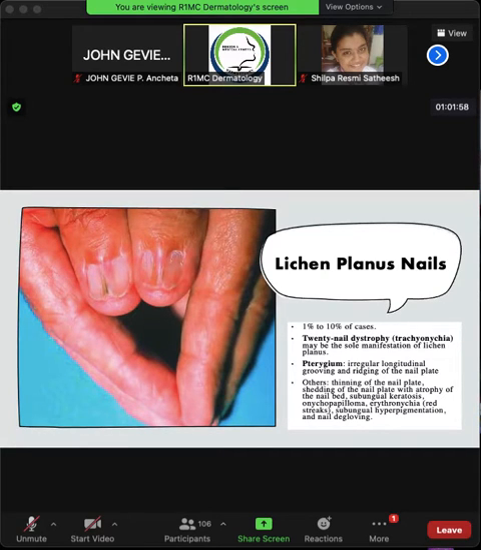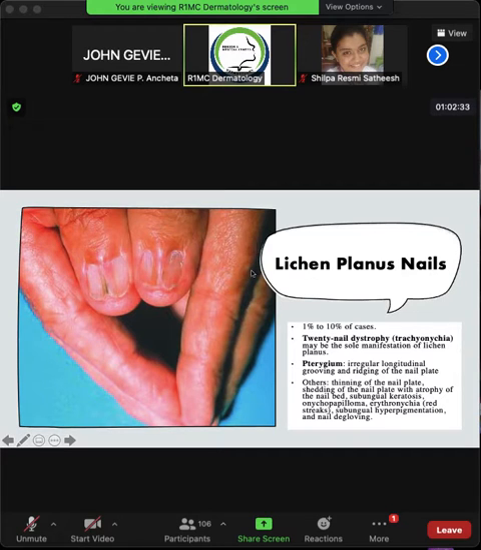So for your lichen planus, we can actually note the presence of your trachyonychia, which is your irregular longitudinal grooving and bleaching of the nail plate. So patients with lichen planus of the nails may present with thinning of the nail plate, shedding of the nail plate with atrophy of the nail bed, subungual keratosis, onychopapilloma, erythronychia, subungual hyperpigmentation, and nail pterygium.